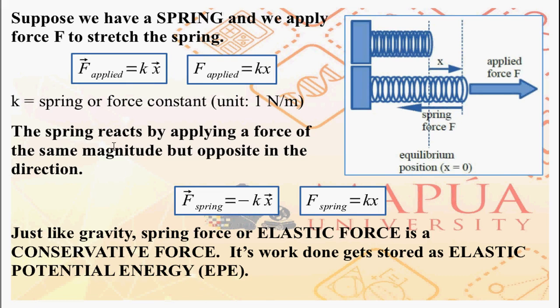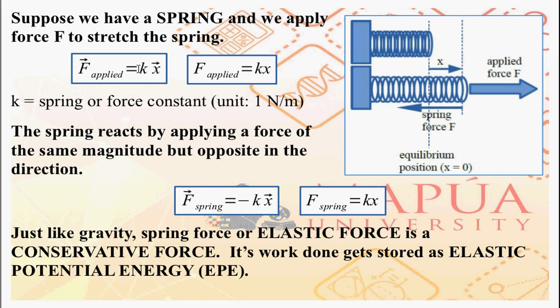The spring reacts, third law of motion, the spring reacts by applying a force of the same magnitude but opposite in direction. So F spring, the force applied by the spring, will be equal in magnitude to F applied but opposite in direction.